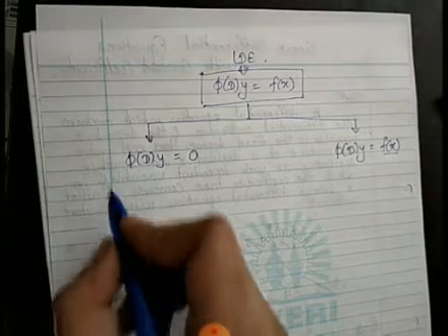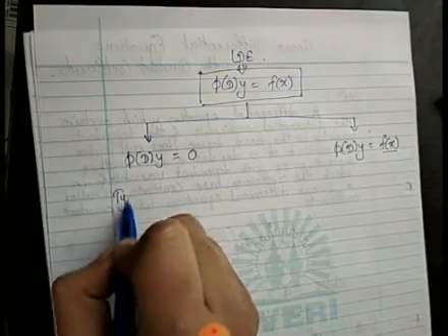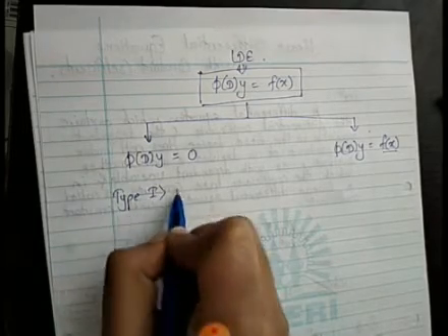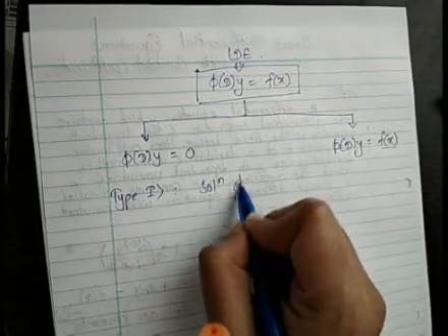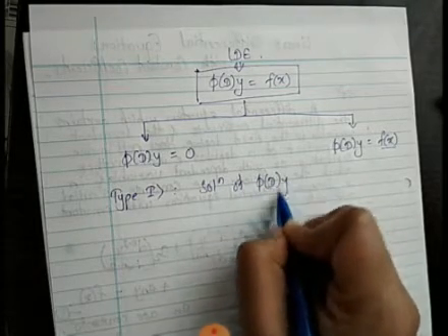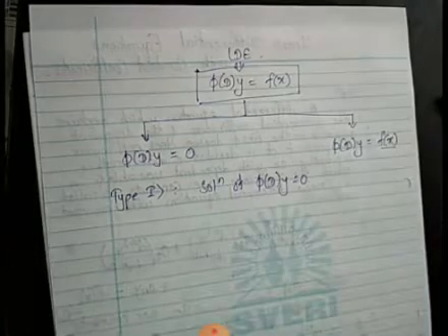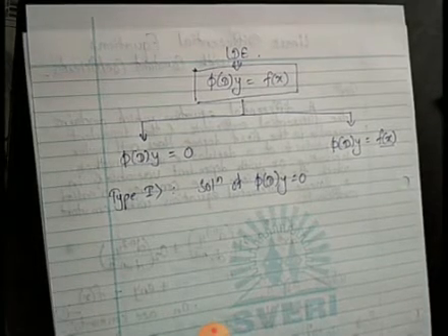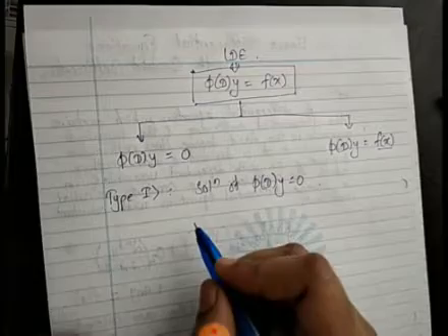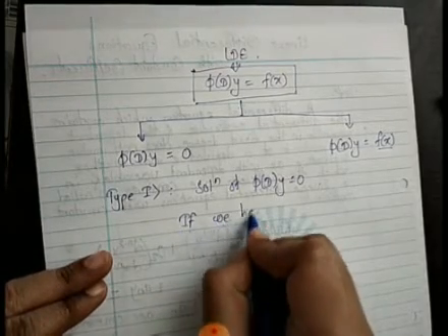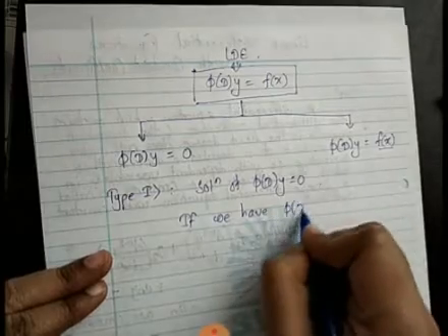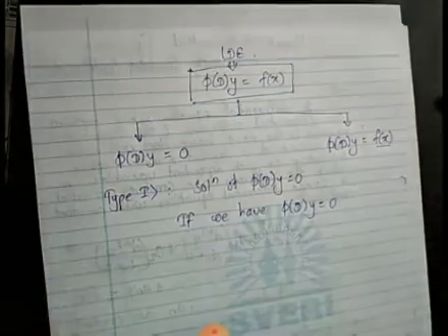Right? So we'll go for type 1 here, where we have to solve phi D y equal to 0. So the first type we are going to see: if we have an equation phi D y equal to 0, how to solve it?